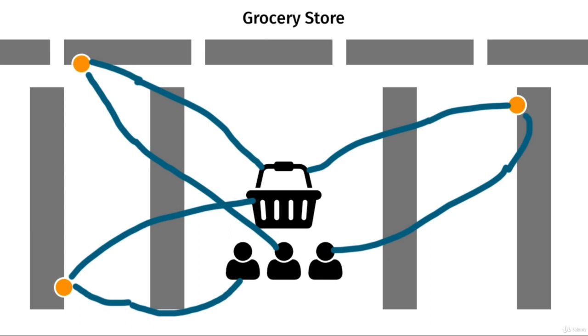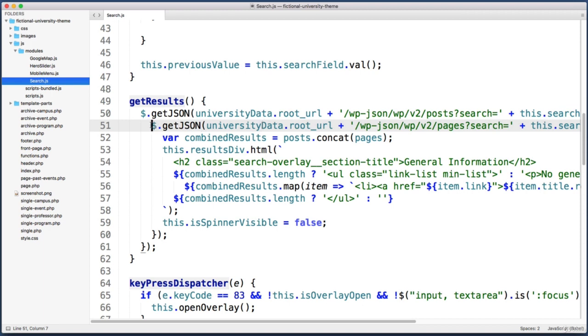Now, having said all of that, let's get back to the task at hand. And that task is us wanting to send out multiple JSON requests to these different URLs. Now, at the moment, we have set things up in a rather synchronous way, right? Because this inner getJSON request is not even going to begin until this first JSON request has completed.